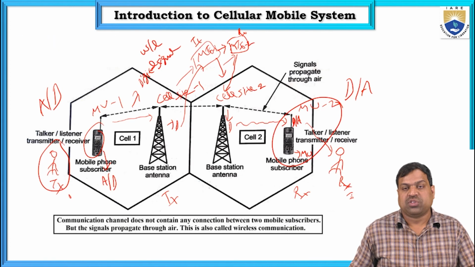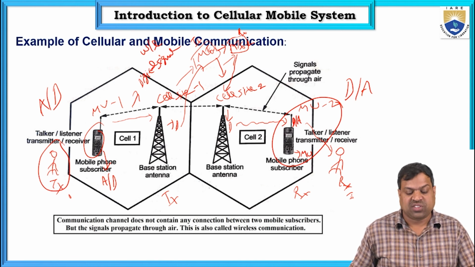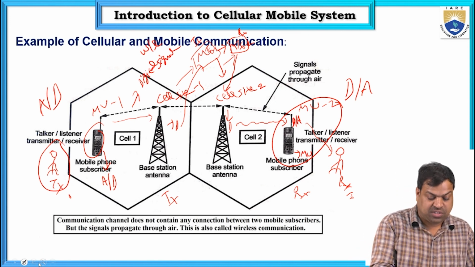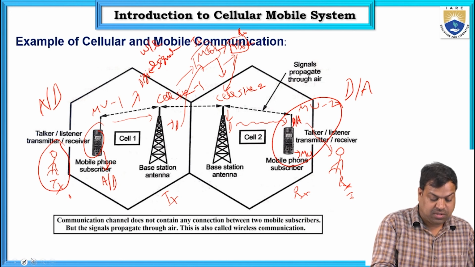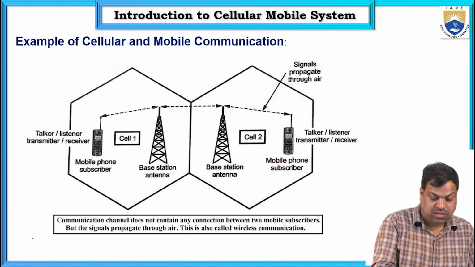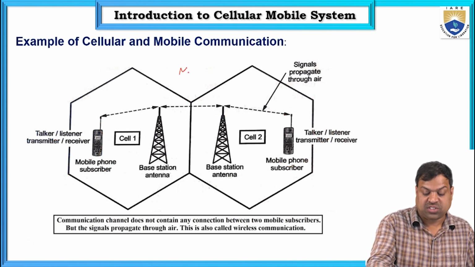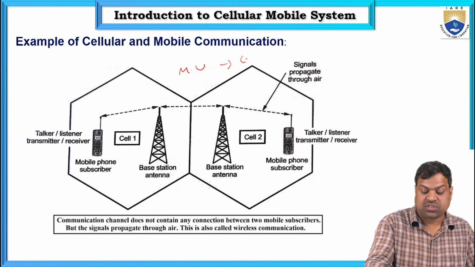These are examples of communication: the communication between the cell site and the mobile unit, and the communication between the mobile unit and the cell site.